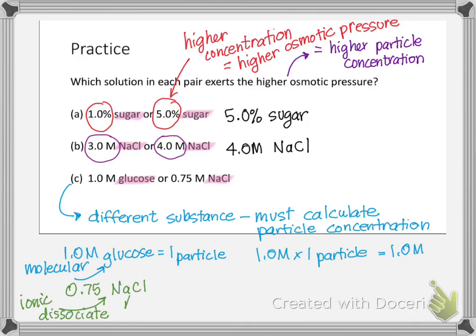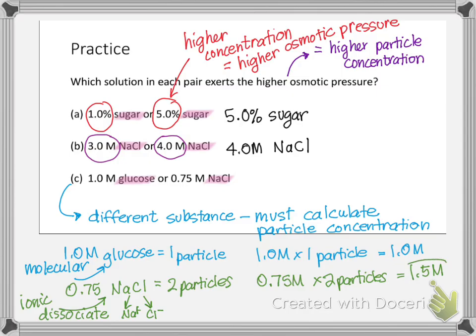That would be Na plus and Cl minus, so that's 2 particles. To get the actual concentration, I take 0.75 times 2 particles, so the concentration of the particles is 1.5. So really, the sodium chloride has a higher concentration of particles, so it has a higher osmotic pressure.